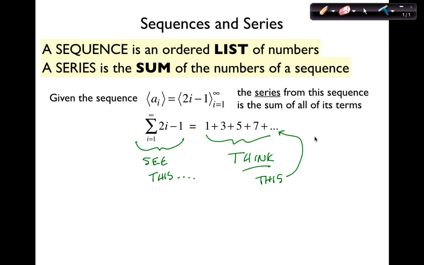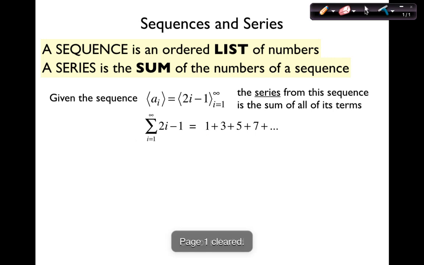In order to have this mentality, we're going to be writing this out a lot. So lots of times I'm going to show you this, and I'm going to say, first I want you to write out what that thing means, and you'll write out the sum of terms. Or it's equivalent to this, the sum of just a_i, because this a_i is the sequence 2i minus 1. So all those mean the same thing.